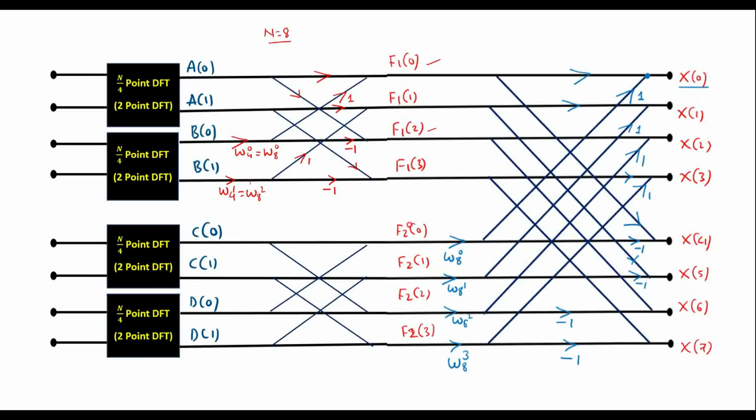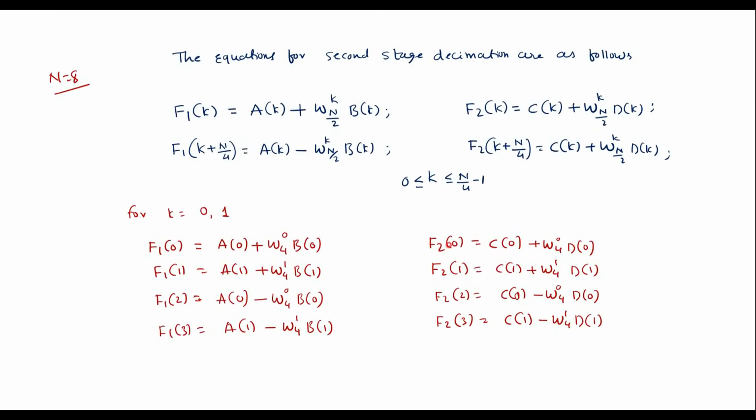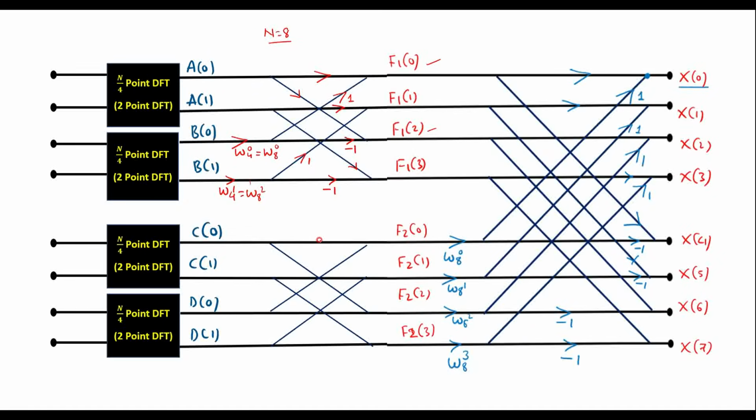So similarly, here we have F2 of 0, F2 of 1, F2 of 2 and F2 of 3, which will be equal to, so this is 1, this will be minus 1. Here the twiddle factor is the same, that is W4 power 0 or W8 power 0. Similarly, this will be minus 1 and this is F2 of 2.